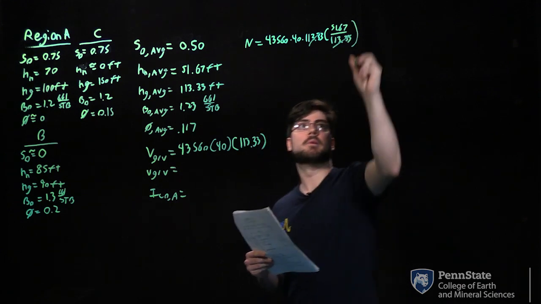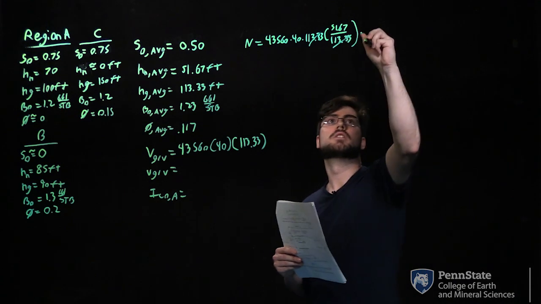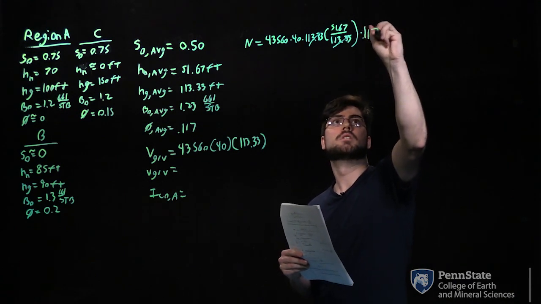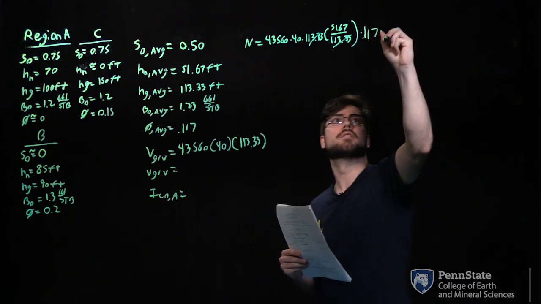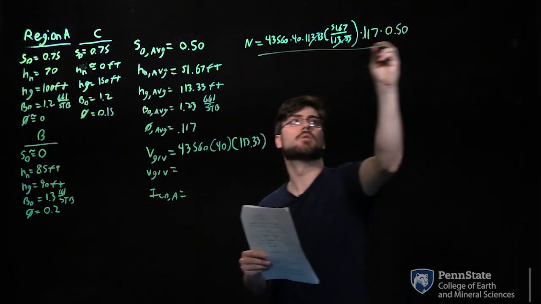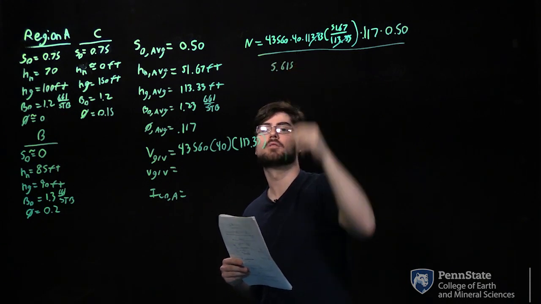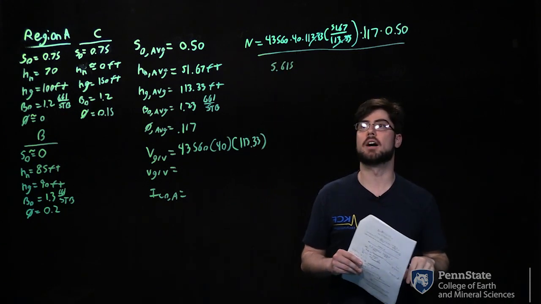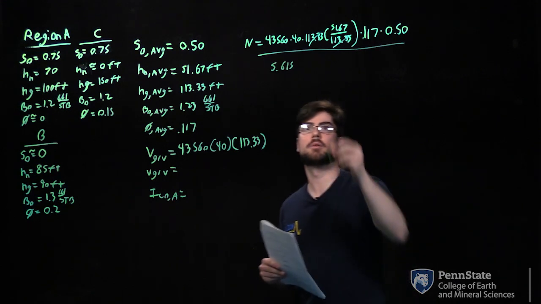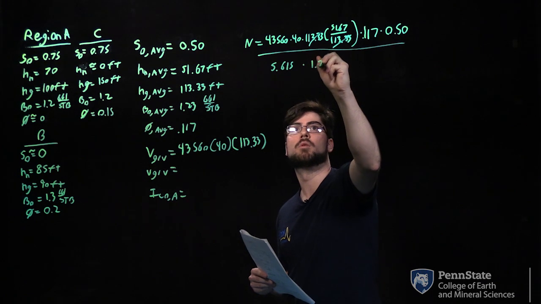And then we're going to multiply by the average porosity and then average oil saturation, times 0.50. And then just like before, we're going to divide this by the unit conversion of feet cubed to barrels, which is 5.615. And then we're going to multiply by our BO average, which is going to be 1.23.